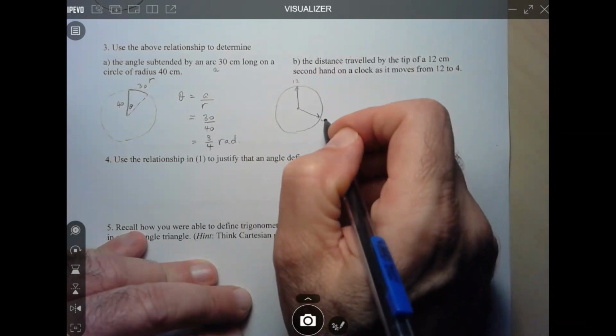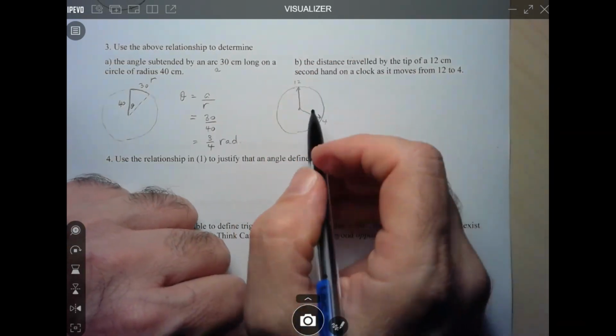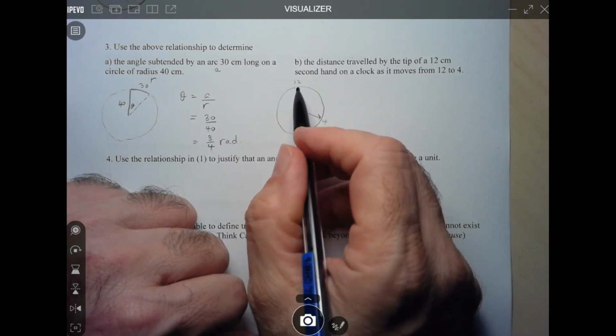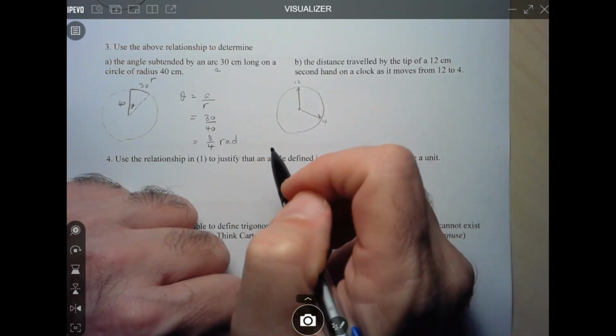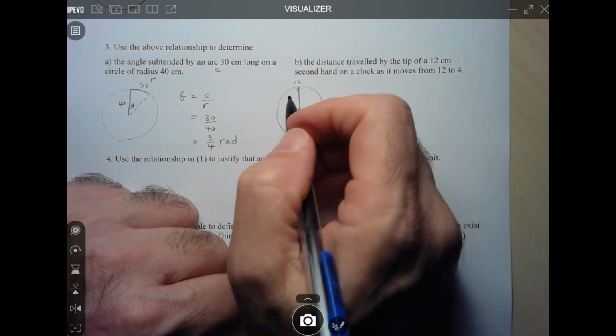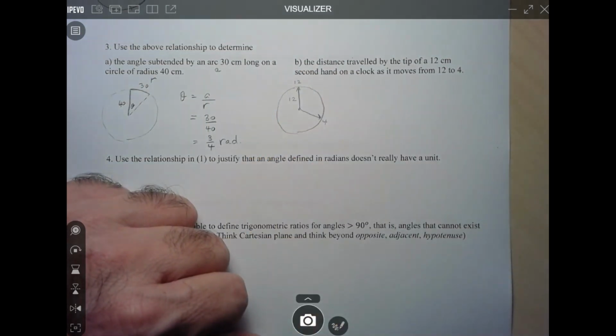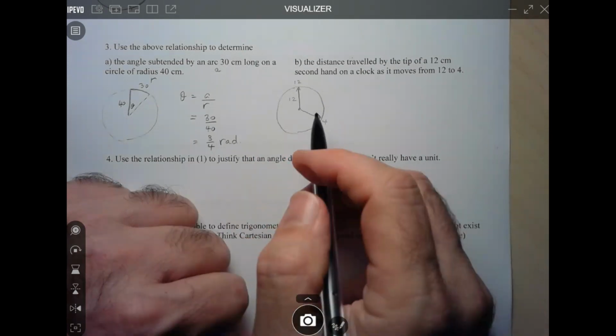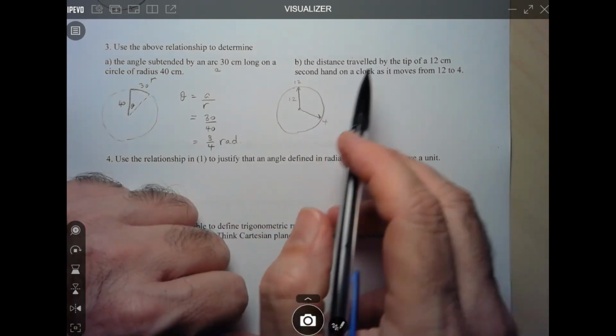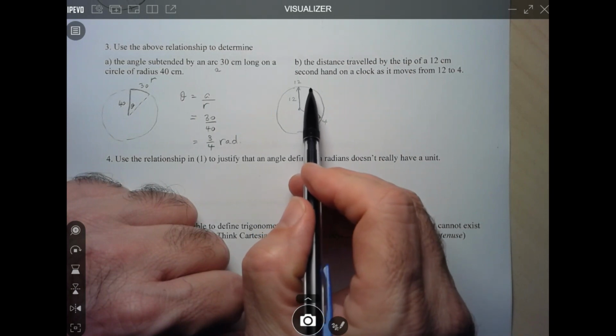So there's 12, there's 4. And we realize that the second hand, of course the longer one, is going to represent the radius of this circle. Okay, so our radius is 12 centimeters, and what we're looking for is the distance traveled by the tip. So here's the tip as it moves along.